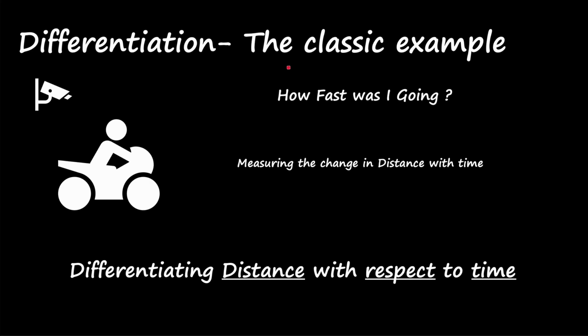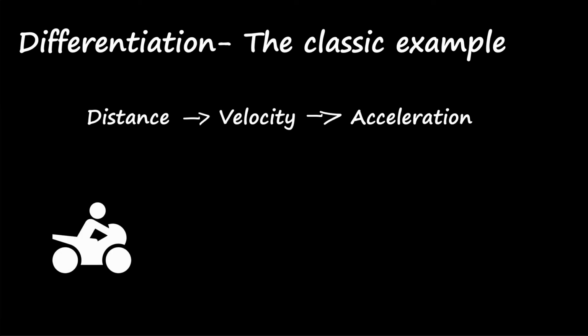This is the classic example of distance and speed. We'll go into that in more detail later in the course, but just for now to show you that point: when we differentiate distance with respect to time, we get velocity, and when we differentiate velocity with respect to time, we get acceleration.